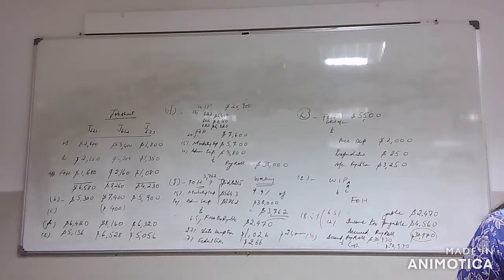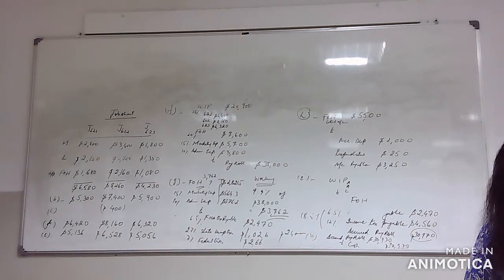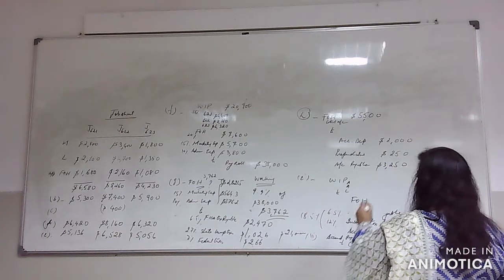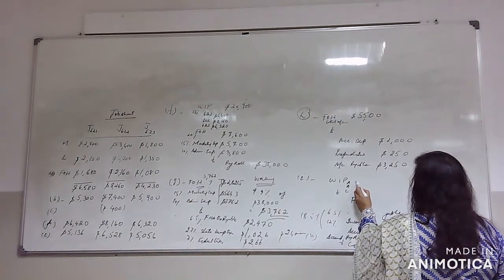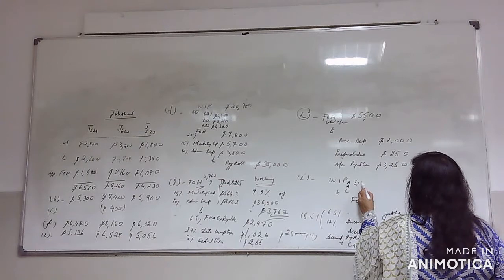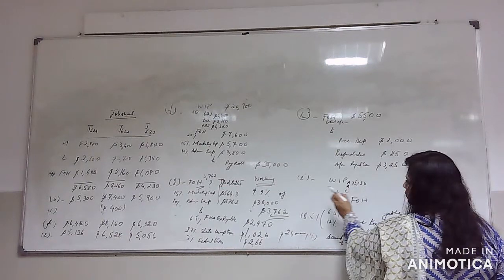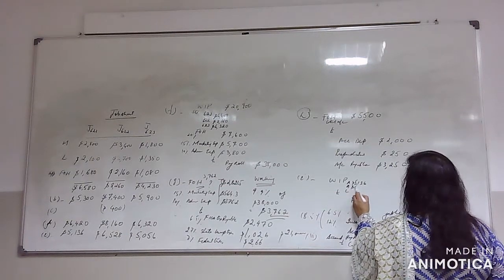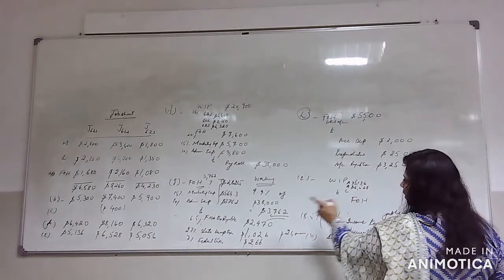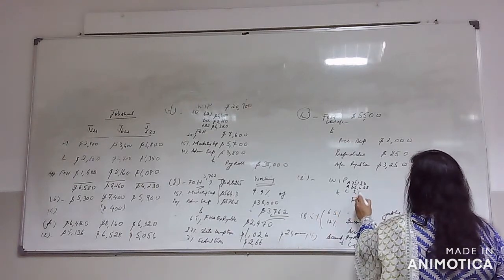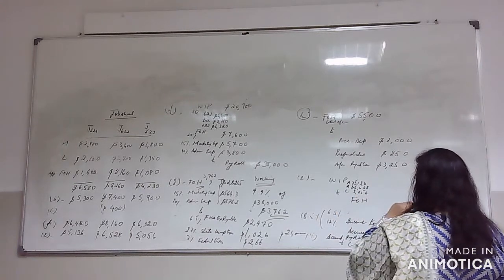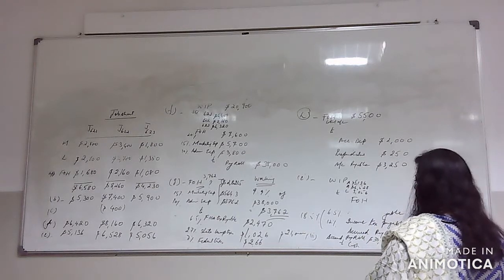Okay, so now I'm going to be writing these values, 5136, 6528, and 5056. And for factory overhead, what was the total amount?